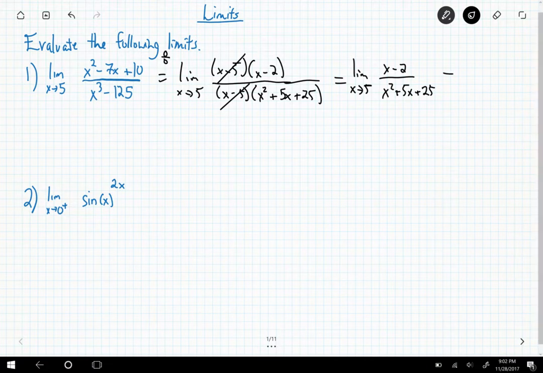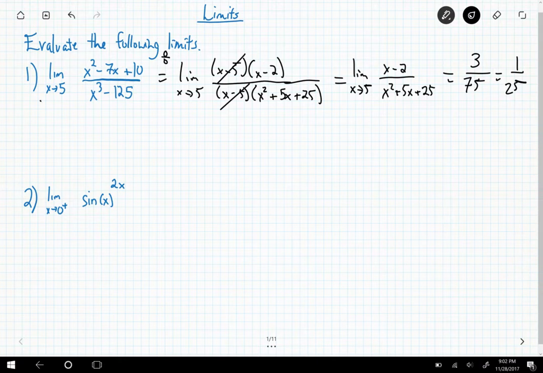And so what does that make now? Well, we get 3 on top, and down below plug in 5, so we get 5 squared is 25 plus another 25 plus another 25. That should make 75. And notice 3 over 75 we can just reduce down to 1 over 25, and that's our final answer.